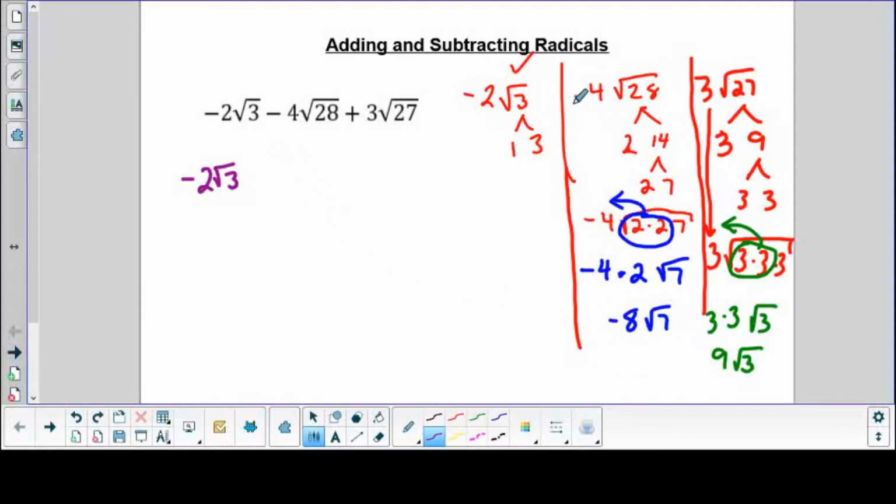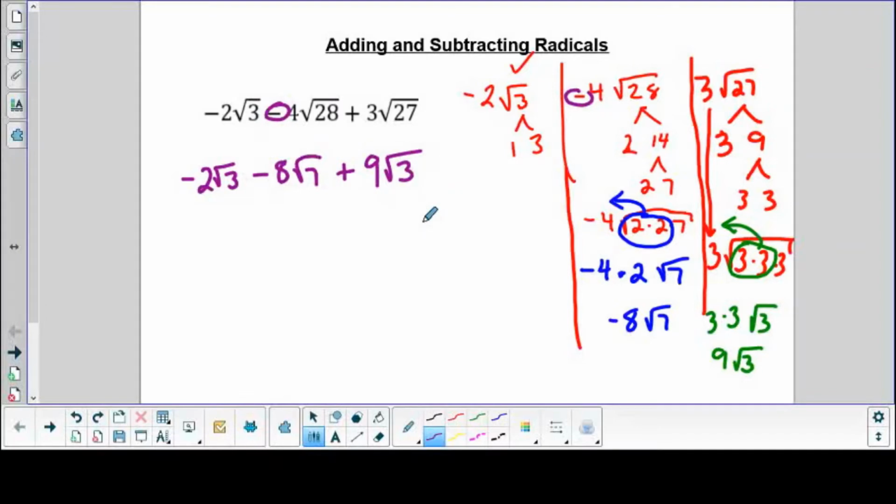Notice I kept the sign negative. So this was negative here, so I kept it negative there. And in my end result, it ended up being negative. So I'm going to write negative 8 square root of 7. And then my last one, 3 square root of 27, simplifies as 9 square root of 3. So this will be plus 9 square root of 3.